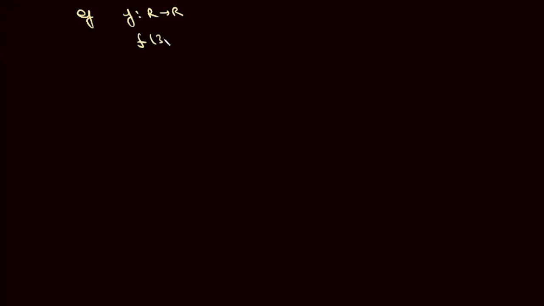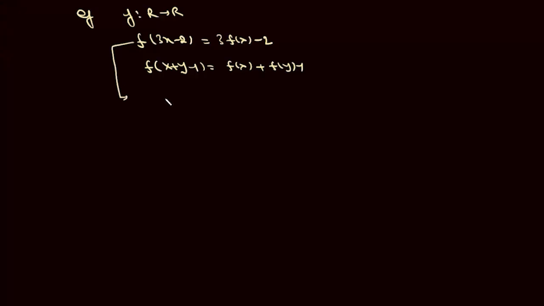Let us take a similar question. Suppose a function is defined on R to R such that f(3x - 2) is 3f(x) - 2, and we are given f(x + y - 1) is f(x) + f(y) - 1. Now for this first equation, s = 3s - 2.